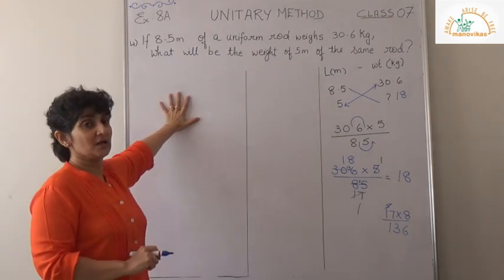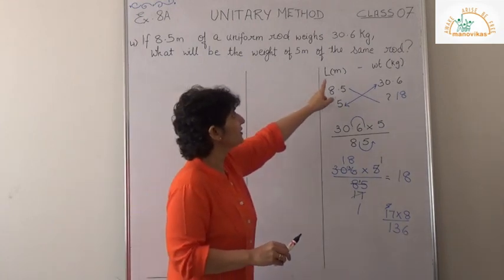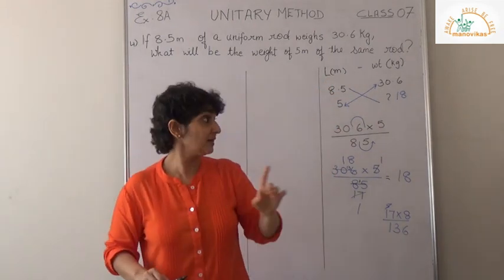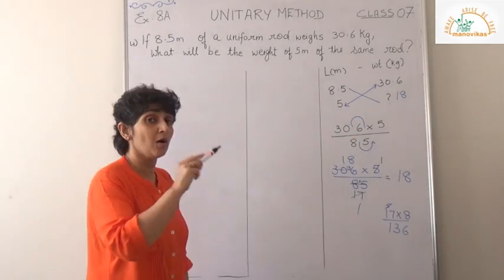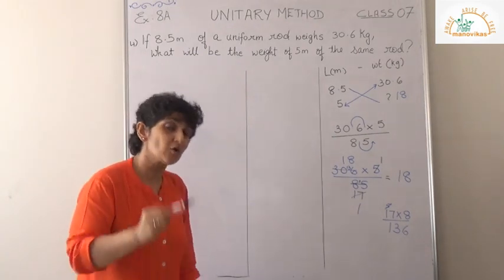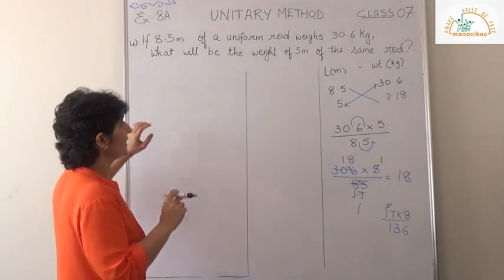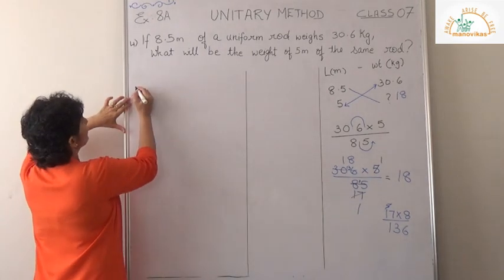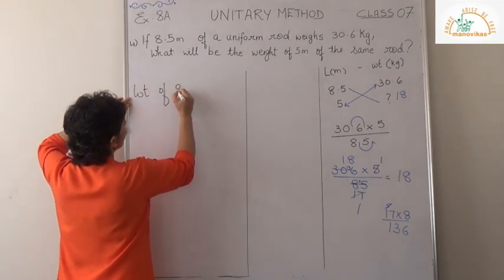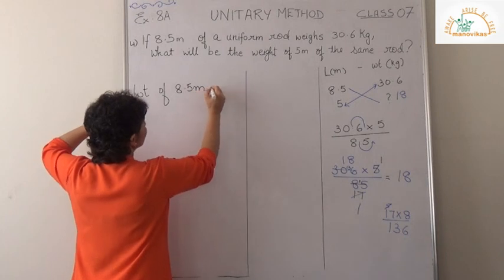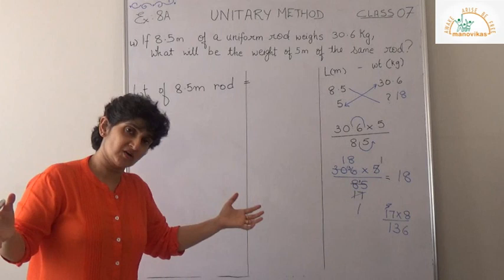Now, let's come to the main statements. I have length and I have weight. Now, where is your question mark? Your question mark is on weight. So I begin with weight. My first statement will be weight of 8.5 meter rod. We don't need to write long statements.